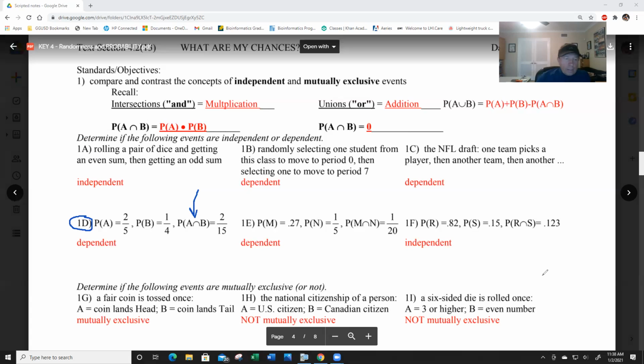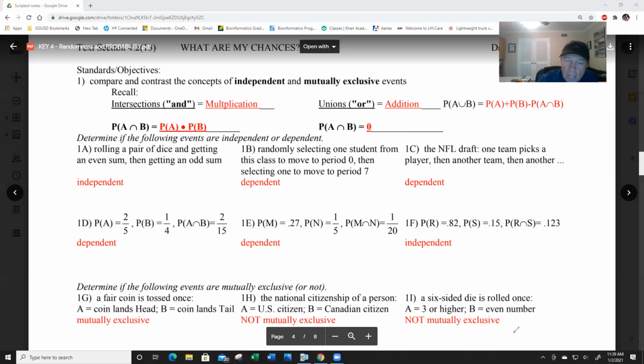So 2/5 times 1/4 is not 2/15. So therefore, you know there's some dependency. Even if it's a little bit of dependency, even if they're almost independent, we call it dependent. Anyways, it's got to be exact for the purposes of this class.